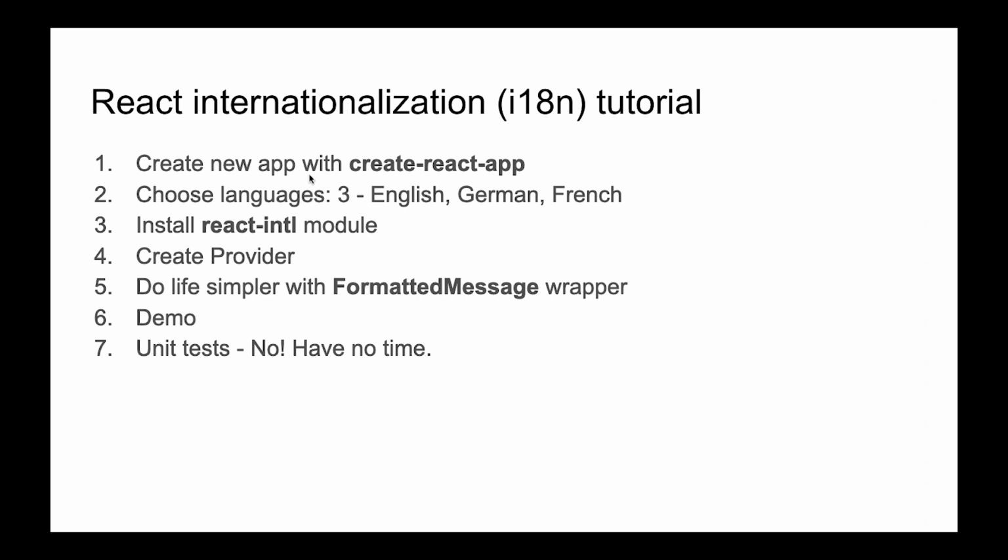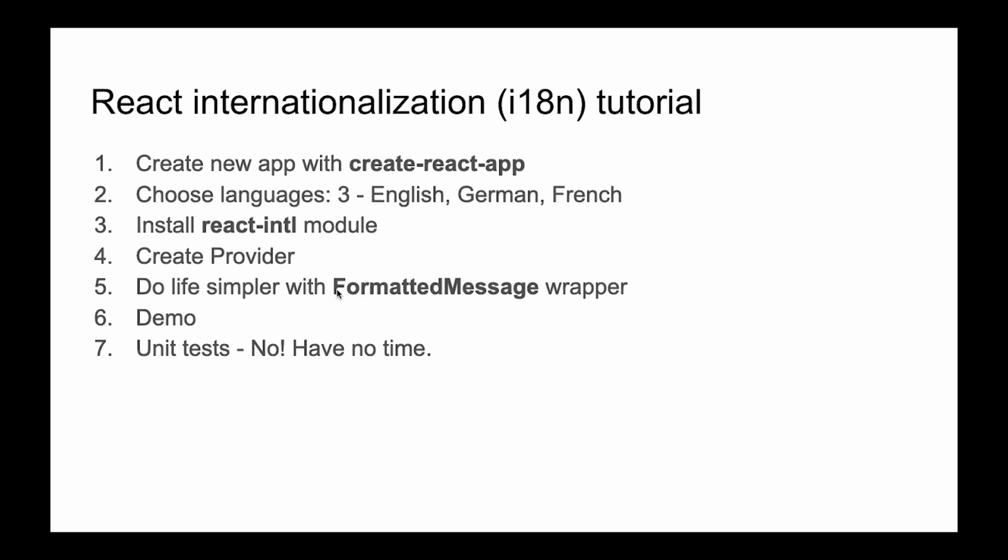Here is our plan for today. We will create a new application with Create React App from scratch. Then we are going to add 3 languages. You can add any languages and any number you want, it's scalable. We will install the React-Intl plugin, and then we create a provider. I will show you how to make this solution more workable and more real-life, not what you can find in the sample.